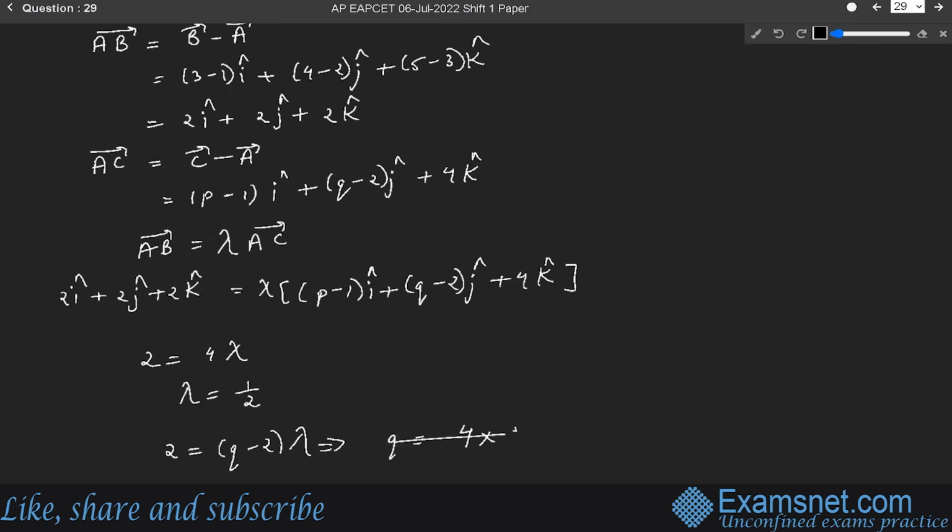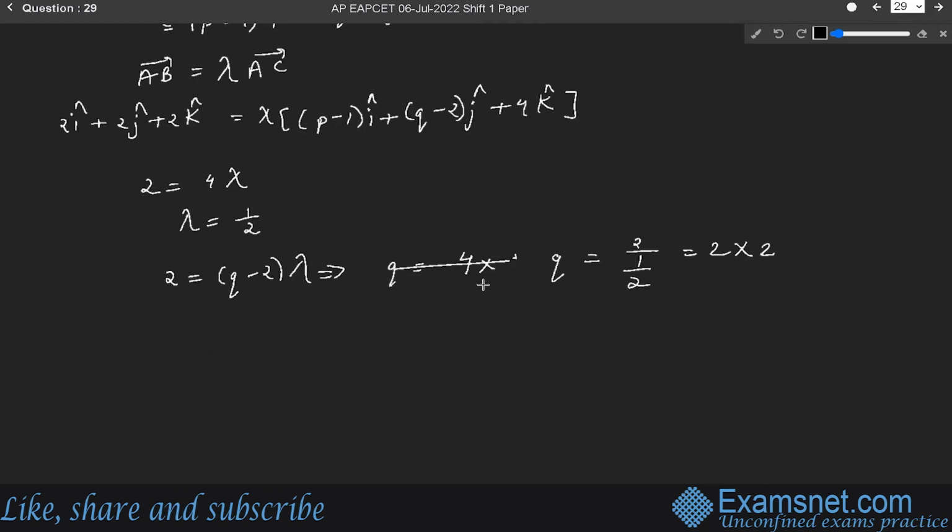So the value of Q will be equal to 2 by 1 by 2, which is equal to 2 into 2. And Q will be equal to 4 plus 2, which is equal to 6. Now, this is the part which is only consisting of a number.